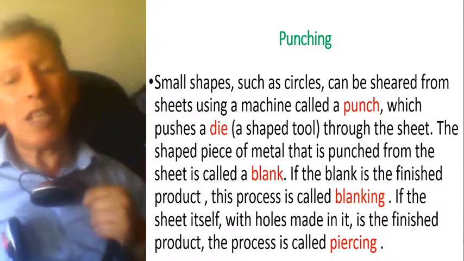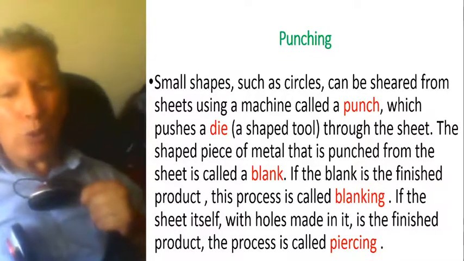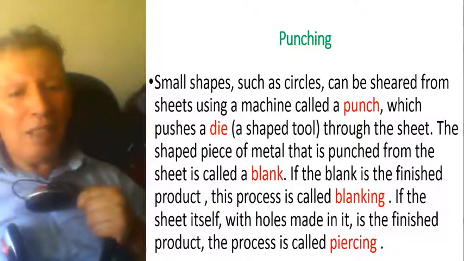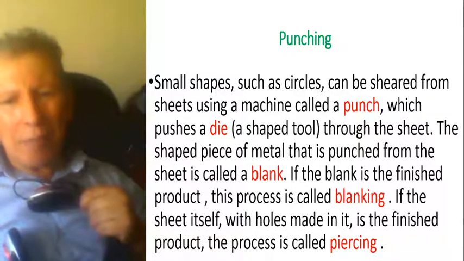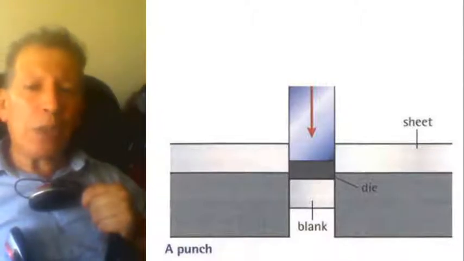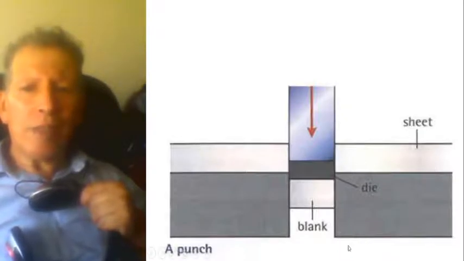Of course, if you are making a decorated door for your house, you could use the technique of blanking or piercing. So here is a diagram showing the punch. There is a sheet of metal here in white, and this is a die, and this is the cut piece called a blank.